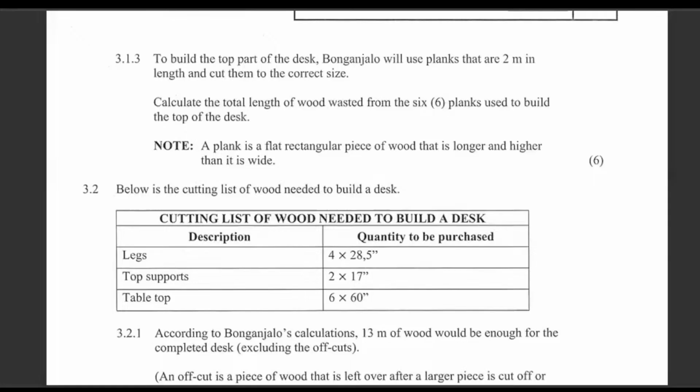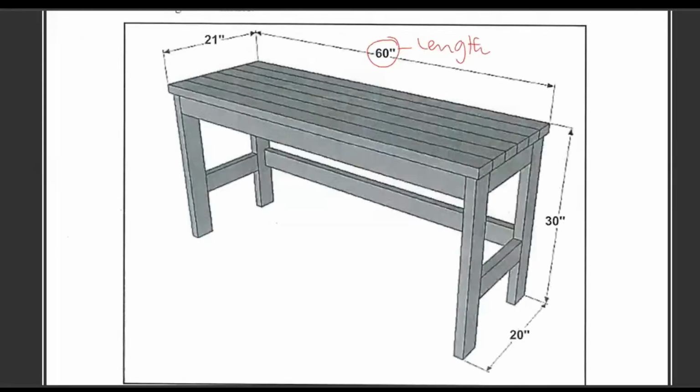Okay, let's look at that. They want us to find out, these are 6 actually: 1, 2, 3, 4, 5, and 6. We need to find out how many we shall need, so we shall use the length. Since there are 6, we say 6 times 60.